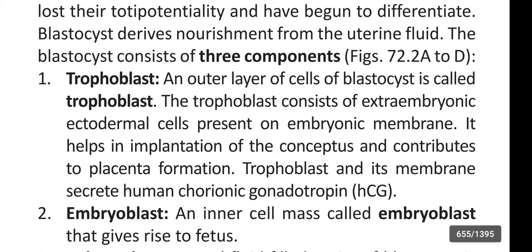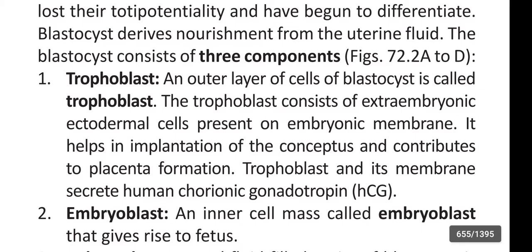It helps in implantation of the conceptus and contributes to placenta formation. The trophoblast and its membrane secrete human chorionic gonadotrophin.